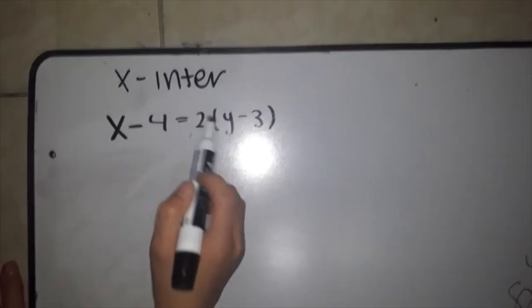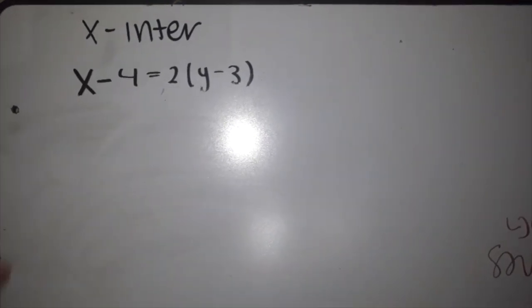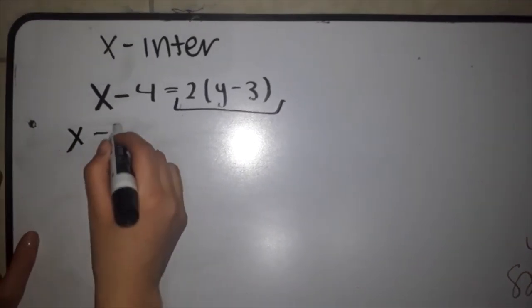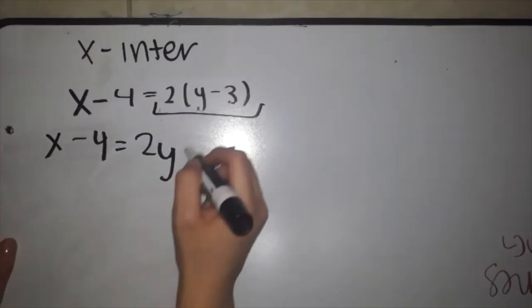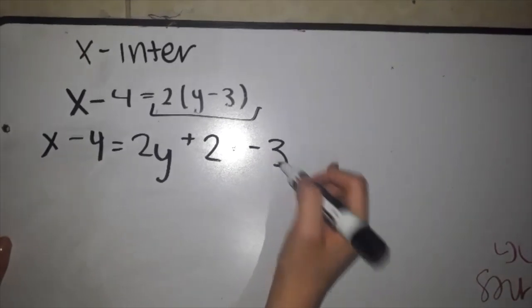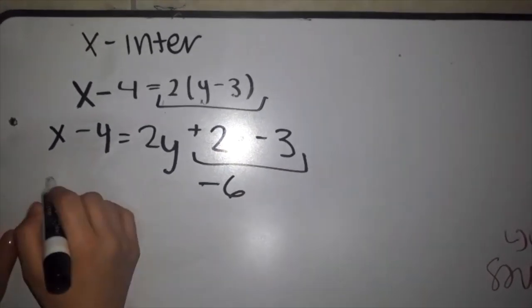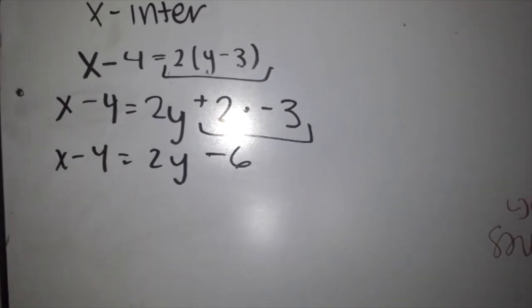To find the x-intercept, all we have to do is leave the x on one side and all these numbers on the other. To start, we're going to simplify this part. So we're going to have x minus 4 equals, multiplying this, 2y plus 2 times minus 3. From this, you're going to get minus 6. So we're going to have x minus 4 equals 2y minus 6.